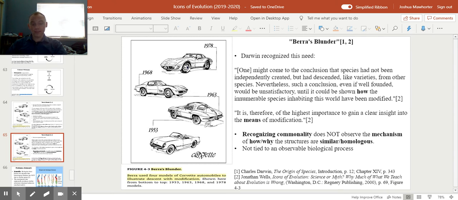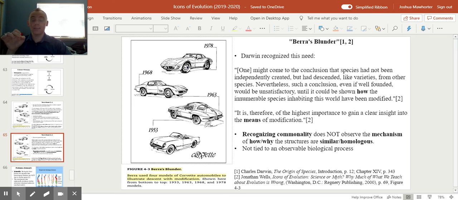Darwin recognized this very need. He wrote, one might come to the conclusion that a species had not been independently created, but had descended, like varieties, from other species. Nevertheless, such a conclusion, even if well-founded, would be unsatisfactory until it could be shown how the innumerable species inhabiting this world have been modified.